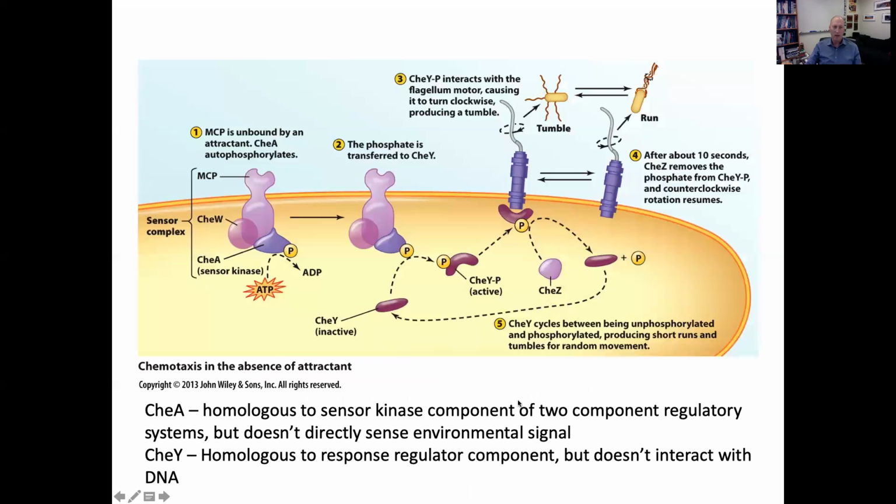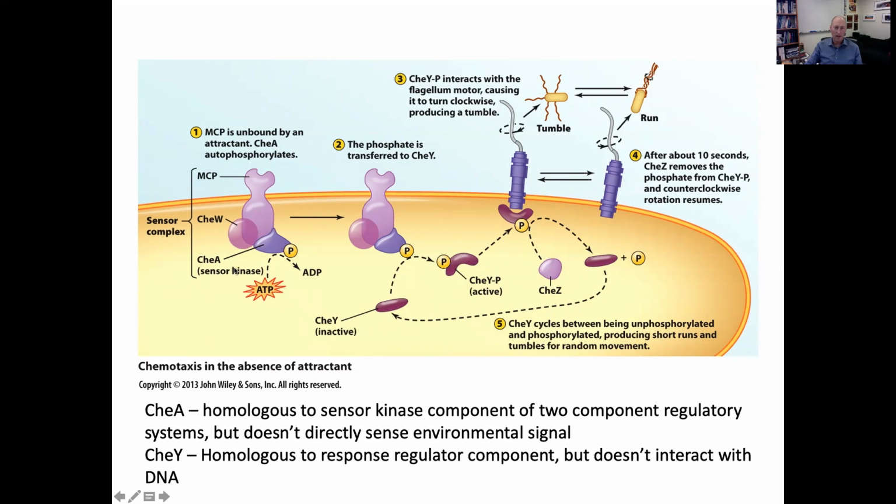Okay, so here's the way it actually works. And this is a little complicated, so we'll go over it in this slide and then one or two other slides, right? The sensor in the chemotaxis system is not the histidine kinase, not the sensor kinase. It's a separate protein that has a sensing domain out here to bind to attractants or repellents. And then, like a sensor kinase, it communicates that information into the cell.